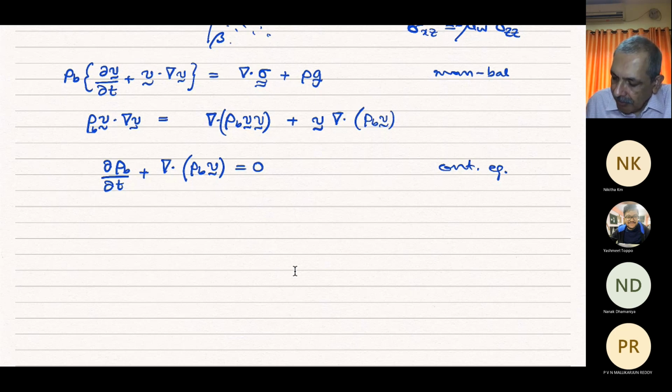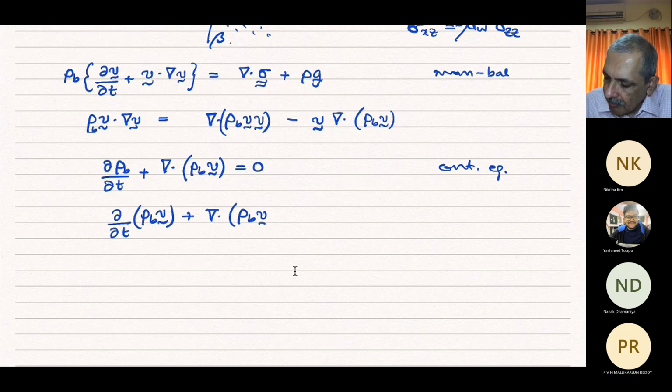If I write this as del by del t of rho B times V plus divergence of rho B V V, then this is nothing but rho B del V by del t plus V del rho B by del t.